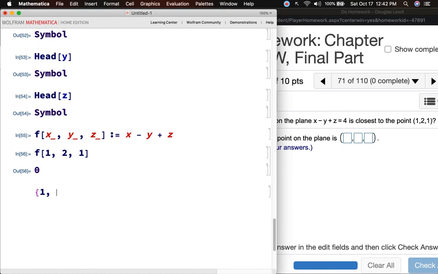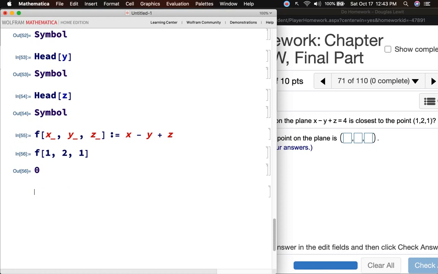It's 1. What is the derivative with respect to y? It's negative 1. What is the derivative with respect to z? It's 1. So that's the gradient vector for f. That's the vector of the partial derivatives. Very simple.